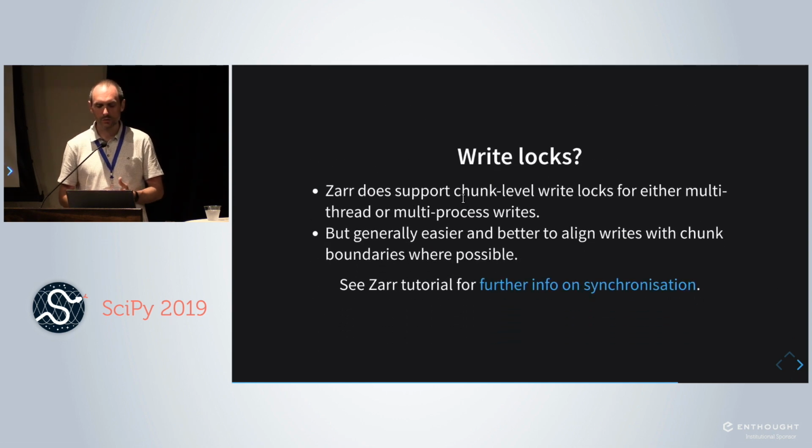Zarr does have support for chunk-level write locks, so you can do this if you really want to. But pretty much what everybody does is they set up their computation so the writes are aligned to chunk boundaries, and then you don't have to worry about locking. Because locking's hard to do, especially in a distributed context, so it's best to avoid if you can. There is more information on synchronization if you want it in the tutorial.